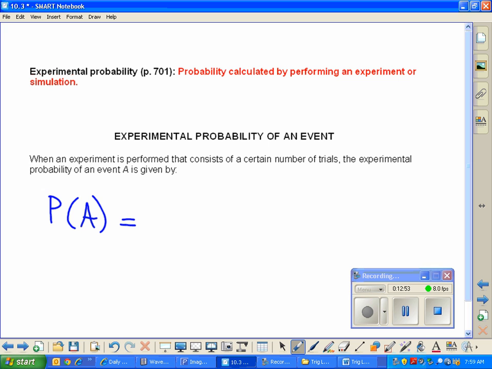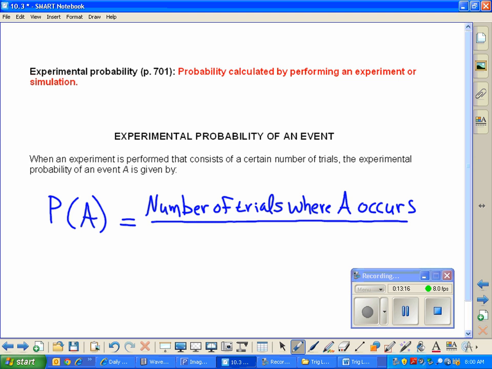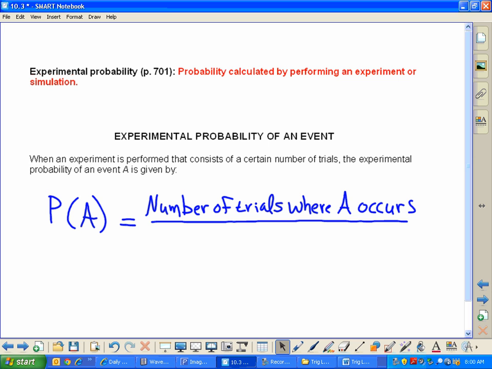So what we have for our formula is the number of trials where A occurs over our total number of trials.